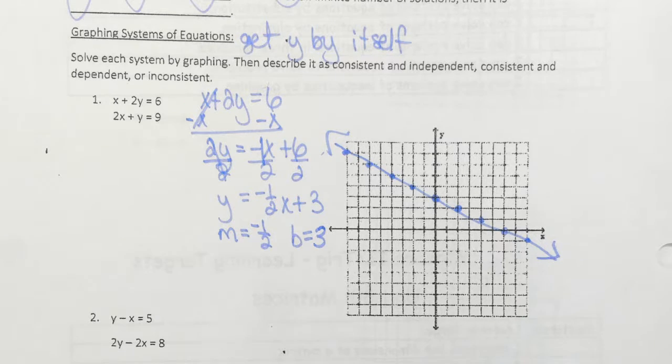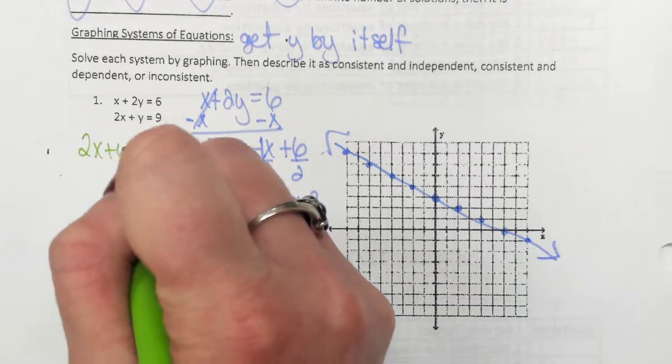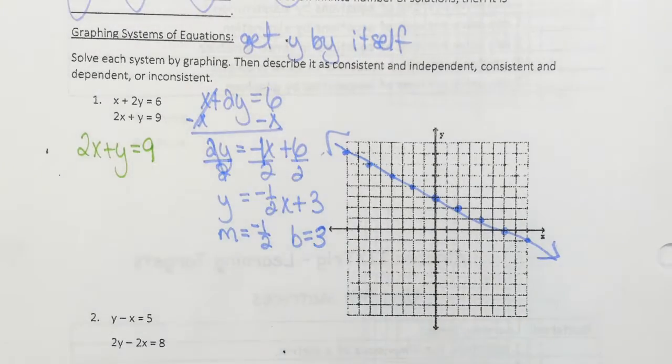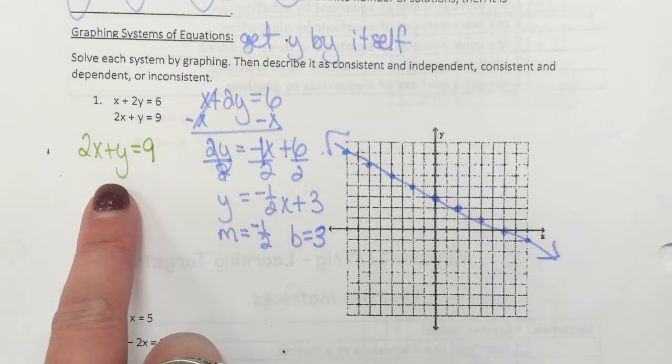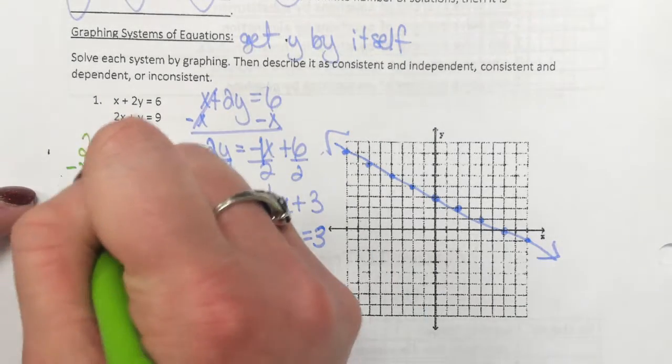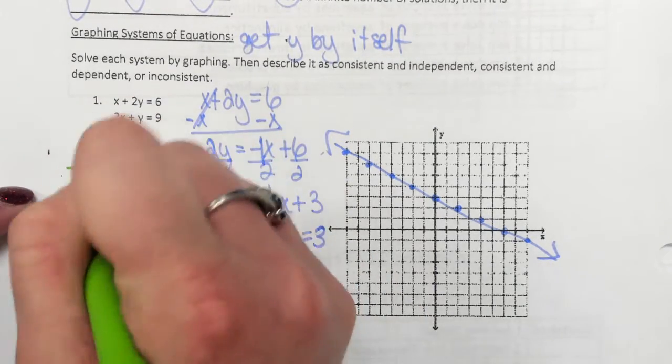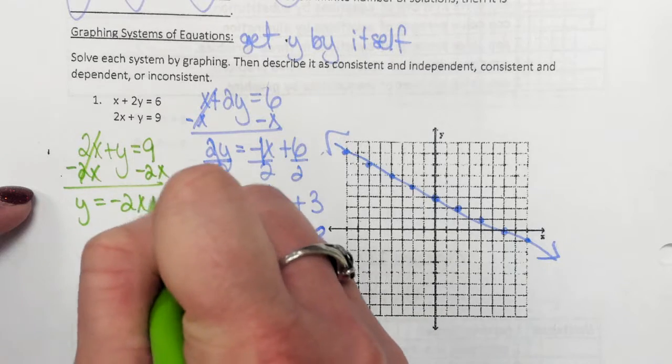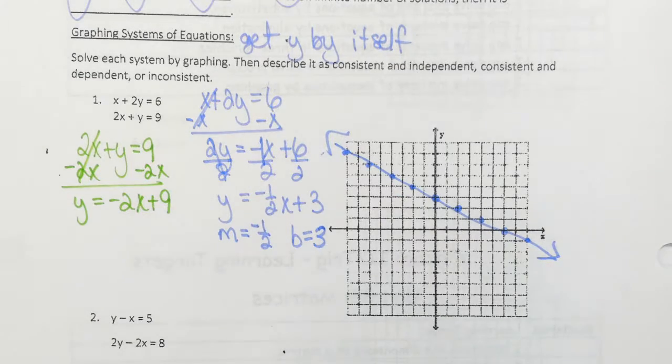Very good. All right, let's go to the next one. So if you got a different color, let's grab that one. So I got 2x plus y equals 9. All right, Hunter, what would I do first in order to get y by itself? Perfect. All right, Carrington, what's my slope on this one?